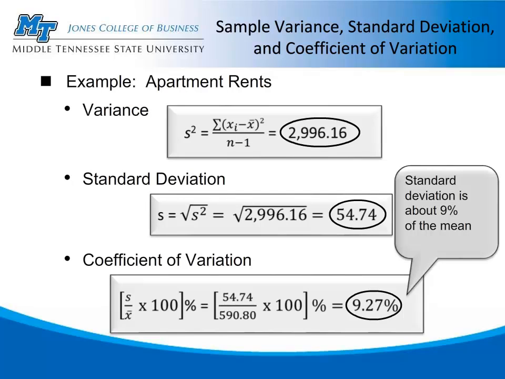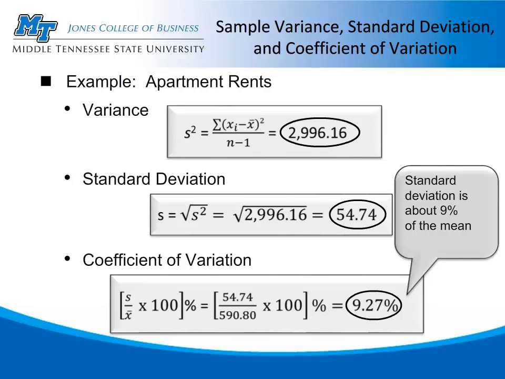This slide shows some of those calculations for the apartment rents data set. When you figure out the variance, it was 2,996.1, and I think that 6 just repeated itself, 6666 forever. When you take the square root of that, you get the standard deviation, approximately 54.74.